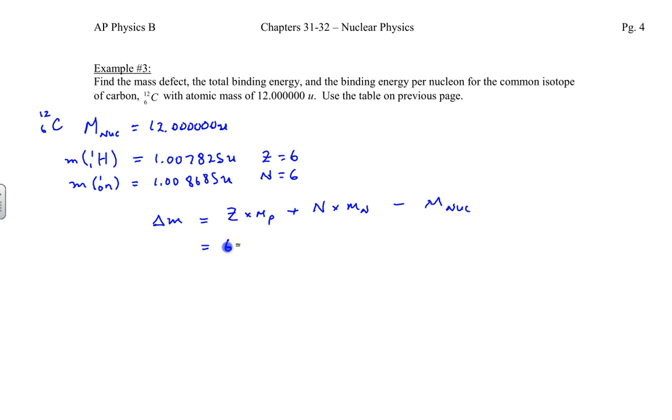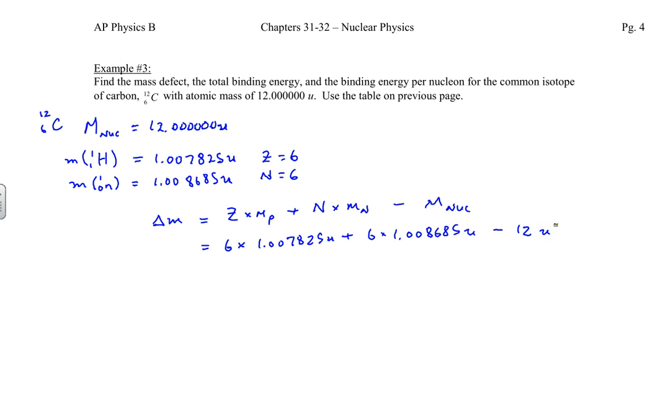So that would be 6 times the mass of the hydrogen atom, 1.007825 U. Remember, I'm using that because I'm including the electrons in here, and electrons are also included in the mass of the nucleus, so I don't have to add and subtract here. Then I have neutrons, 6 times 1.008665 atomic mass units, minus the mass of the nucleus, which is 12 U.